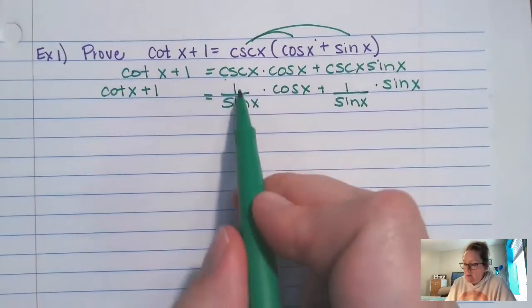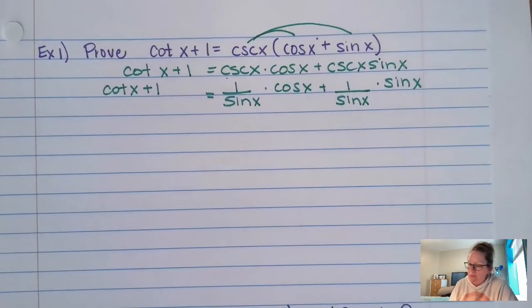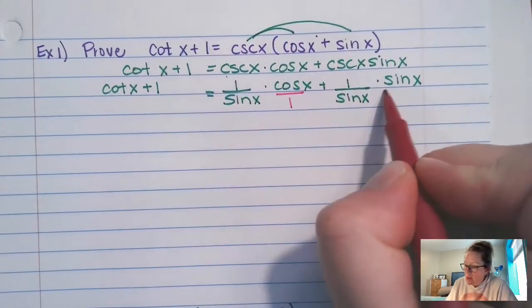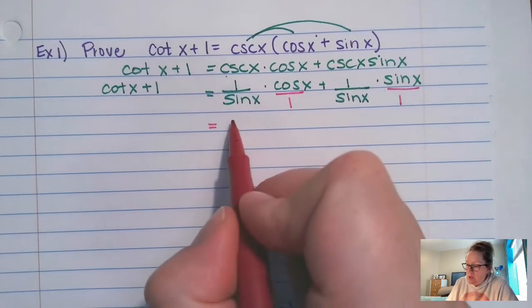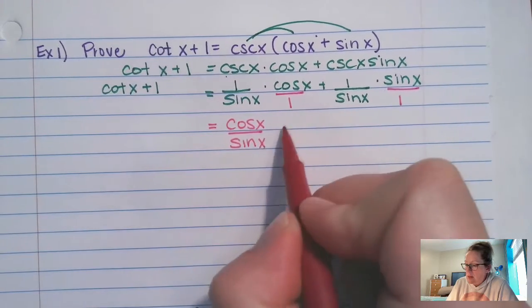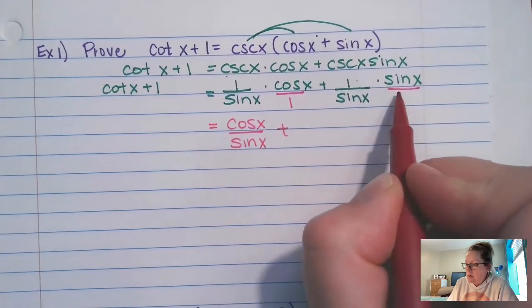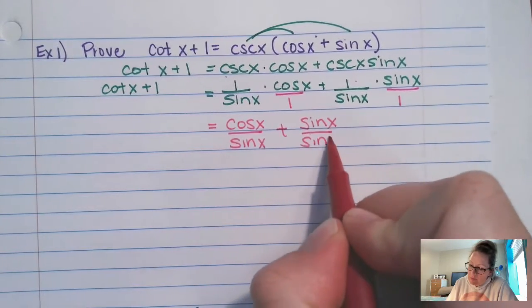Okay, so now I have a fraction times, but not fraction, so I can make that into a fraction with a denominator of 1. And then how do you multiply fractions? Straight across. So this would become cos x over sine x plus sine x over sine x.